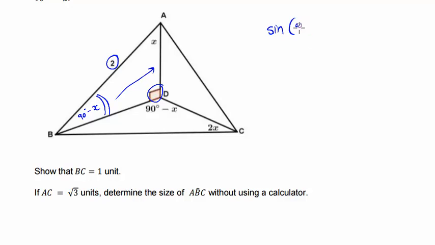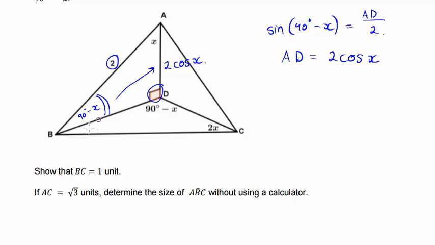So sine of 90 degrees minus x is equal to AD over 2. So now I just solve AD and I simplify. Sine of 90 degrees minus x is cos x. So AD would be, I multiply both sides with a 2. So it will be 2 cos x. So AD's length is 2 cos x.